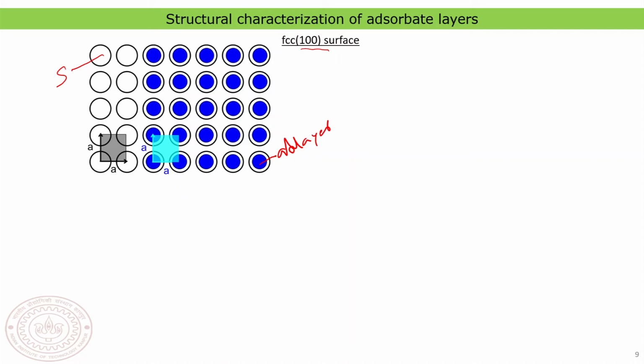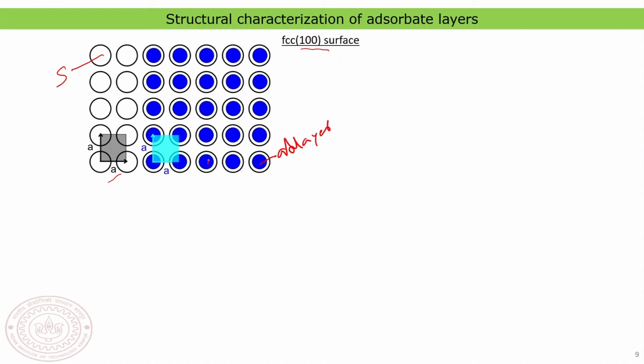What you notice is that the unit cell of the surface is a square unit cell, as you have already seen for the FCC 100 surface. The interesting thing in this particular adlayer is that each surface atom is decorated with an adlayer atom.